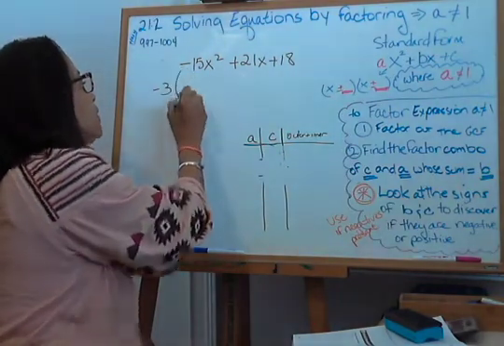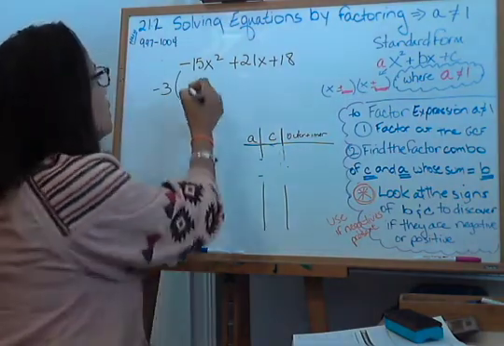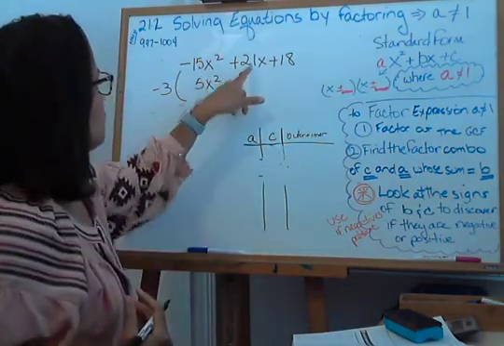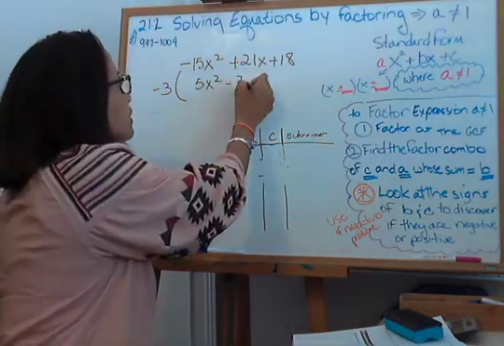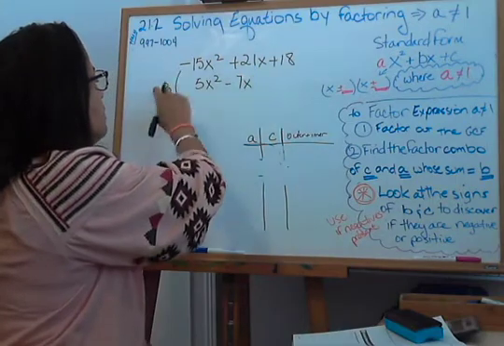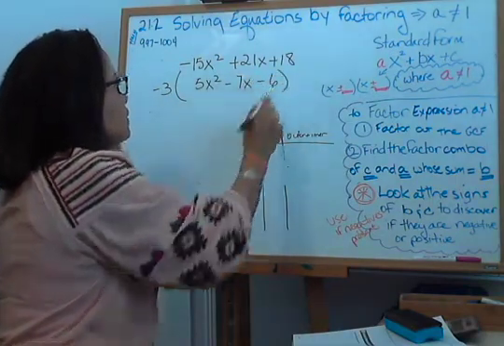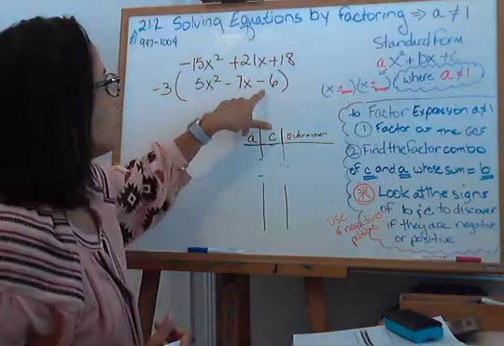How does that work? Well, negative 15 divided by negative 3 gives me a positive 5x squared. Positive 21 divided by negative 3, negative 7x. And positive 18 divided by negative 3, minus 6. So now my x squared is positive, which is good, and I have 2 negatives here.